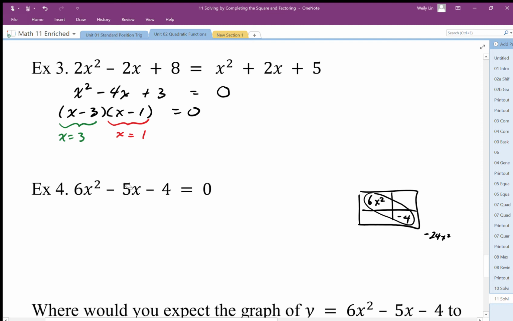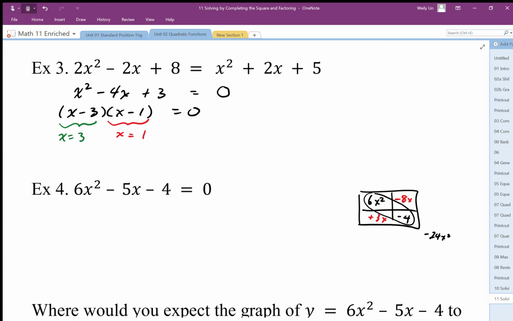So I want to split up that negative 5x into two numbers that multiply to negative 24 and add up to negative 5. Those numbers are going to be negative 8 and positive 3, and that's going to give me the same diagonal product.